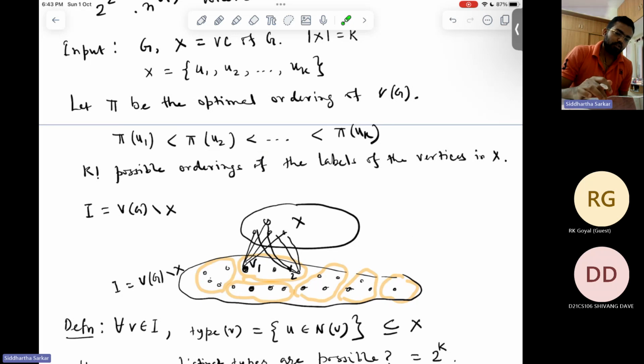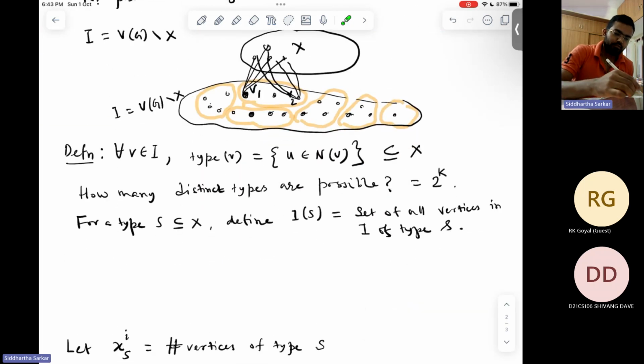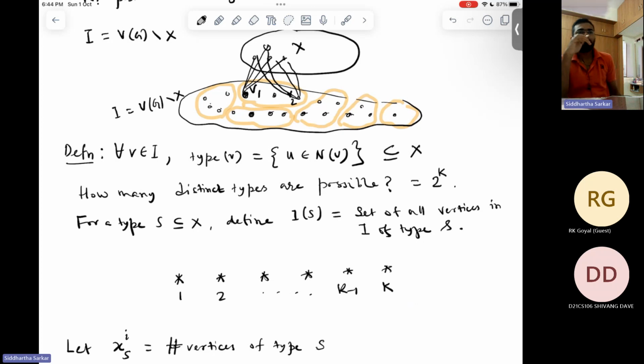There are n vertices, and out of the n vertices you have fixed that you are going to put the k vertices in this order only. These are the vertices in the vertex cover, and you have decided their labeling. But we have not decided how many vertices are going to be in between. How many vertices in the graph are going to get a label between the label of the first vertex and the second vertex of our vertex cover? That we have not decided.